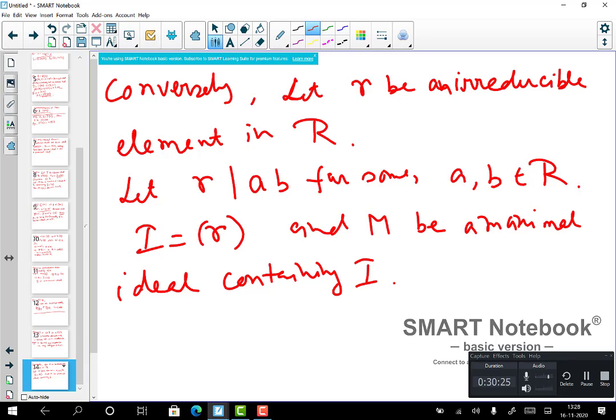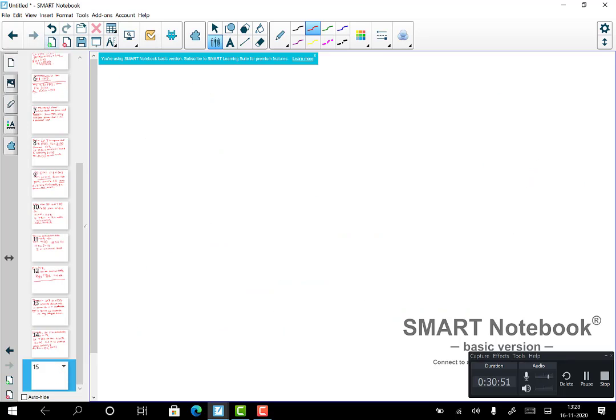So we can have a maximal ideal that contains I. And now as R is a PID, principal ideal domain, we know that M can be generated by a single element, right? For some m belongs to R. So what does that mean? That means you can say that this I is sitting inside M. So the ideal generated by r is sitting inside the ideal generated by m. Clear? This is okay to everyone?